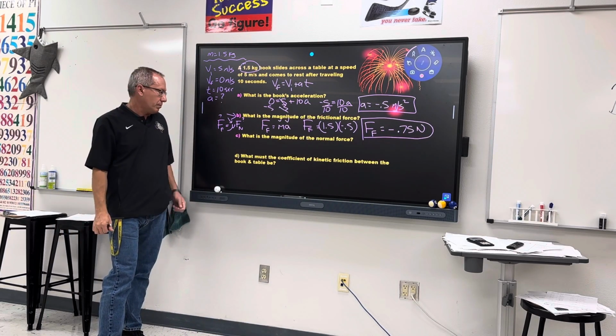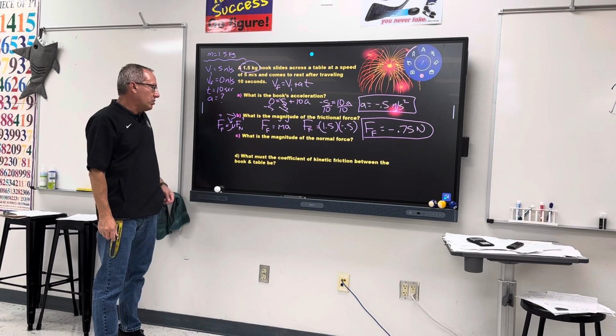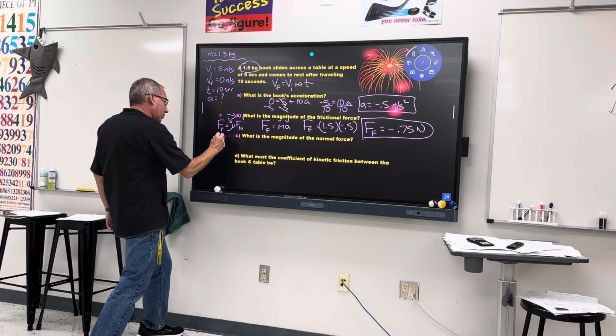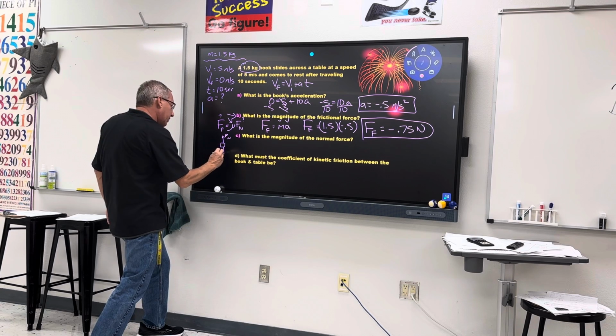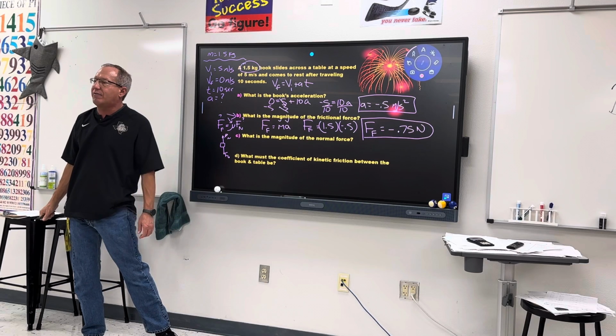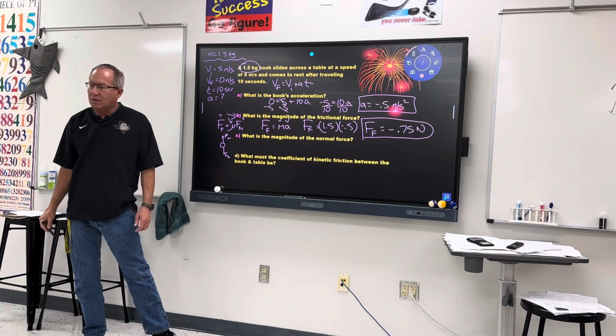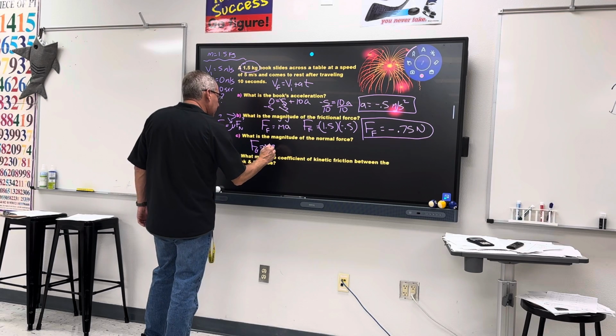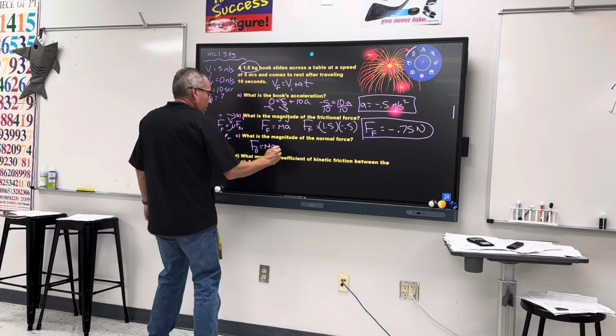All right. What's the magnitude of the normal force? We now know by, of course, a free body diagram that the normal force does this, the force of gravity does this. It's balanced. If I find the force of gravity, I find the normal force, don't I? So I'm going to use the force of gravity equals mass times acceleration of gravity.